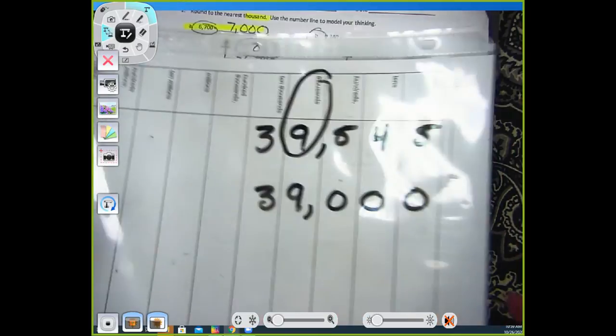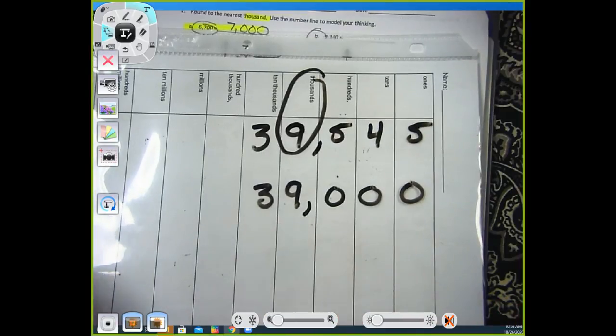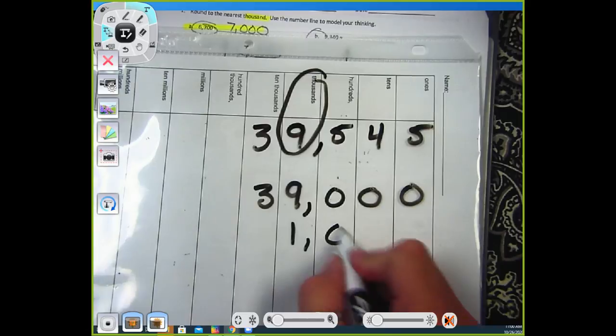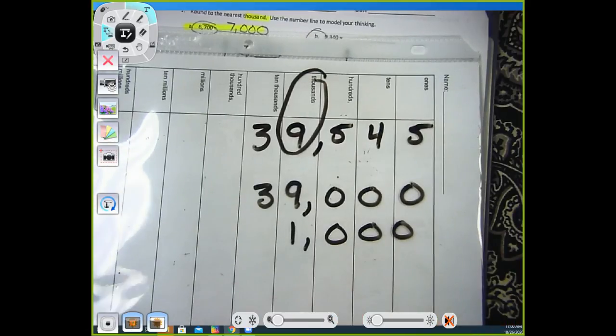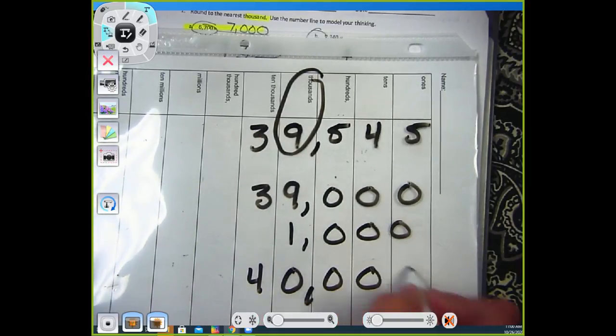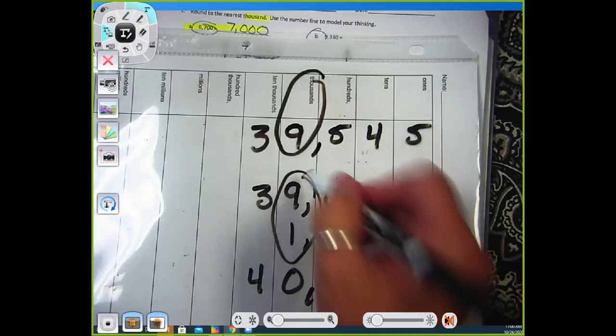Ooh, this one's tricky. What is 1,000 more? If I put 1,000 more, what number do I get? What do you think, Ethan? 40,000. Yep, 40,000, because did I have to bundle right here?